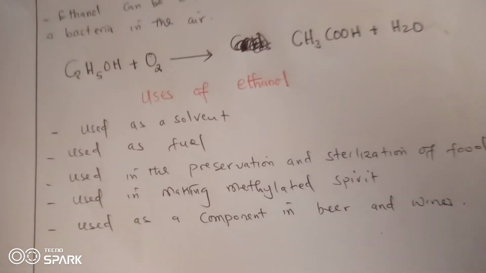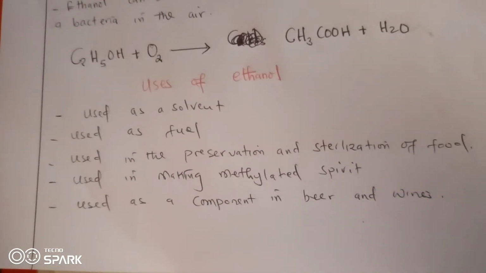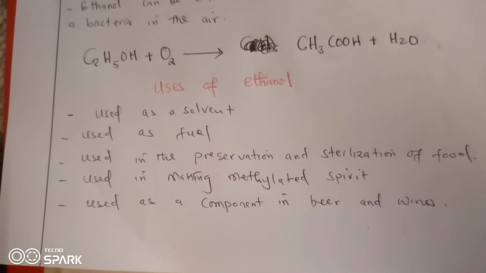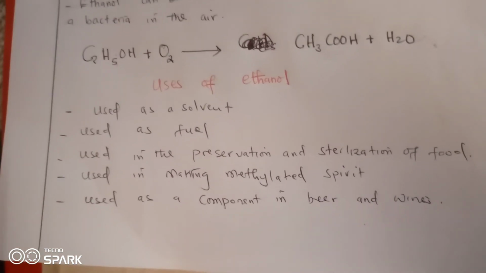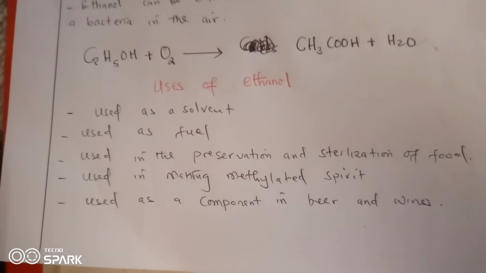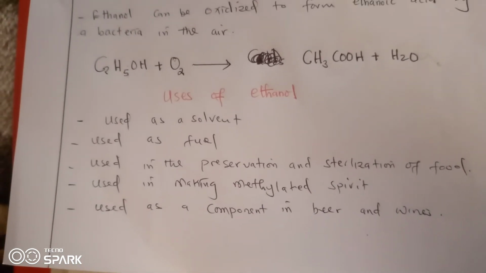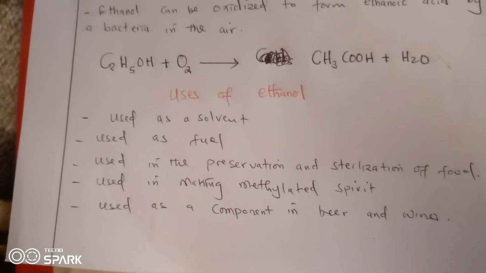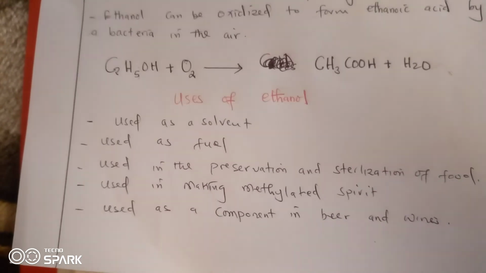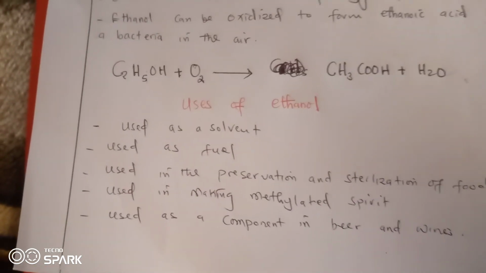Now, what are the uses of ethanol? You realize that the reason we talk about ethanol a lot is because it's a common alcohol, and mainly in laboratory schools, we use ethanol to perform a lot of experiments. And so it is used as a solvent.